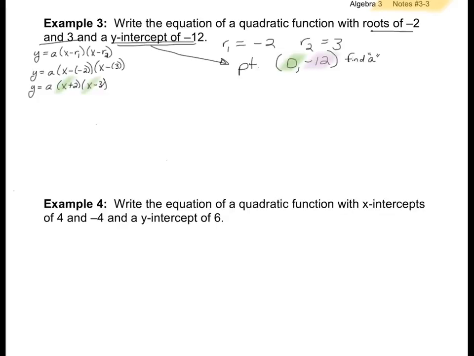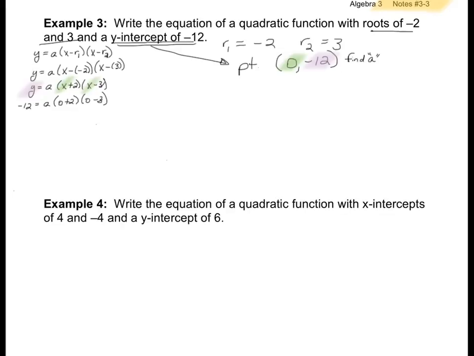And the y value in our problem is right here. Okay? So, let's do that. We're going to say negative 12 is equal to a times 0 plus 2 times 0 minus 3. And we've just replaced our x and our y with those values from that point.